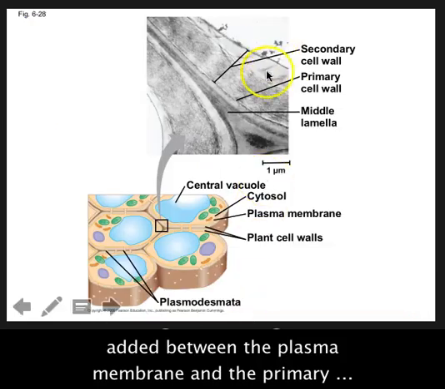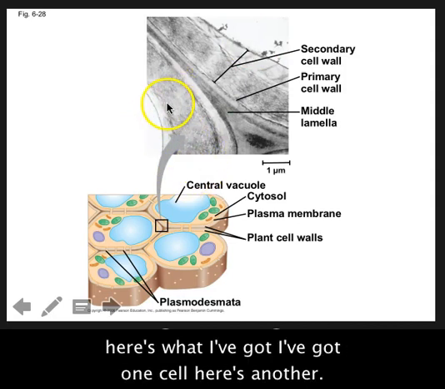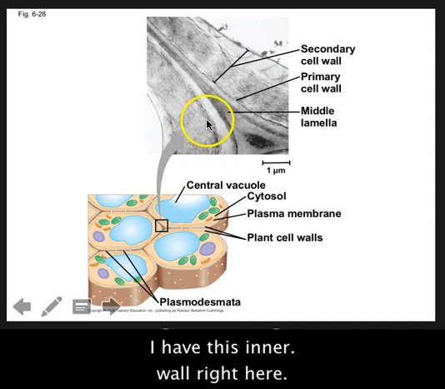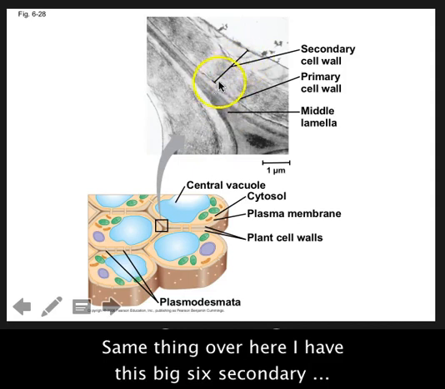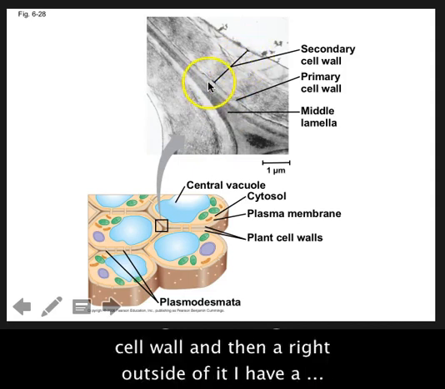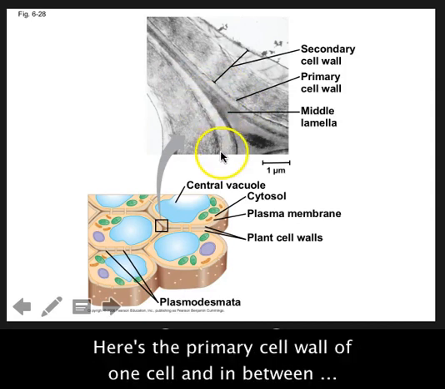So here's what I've got. I've got one cell, here's another plant cell. Okay, so I have this inner part right here. That's a secondary cell wall. Same thing over here. I have this big, thick secondary cell wall. And then right outside of it, I have a primary cell wall of one cell. Here's the primary cell wall of another cell.